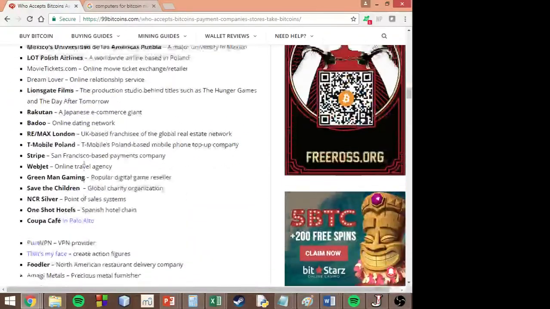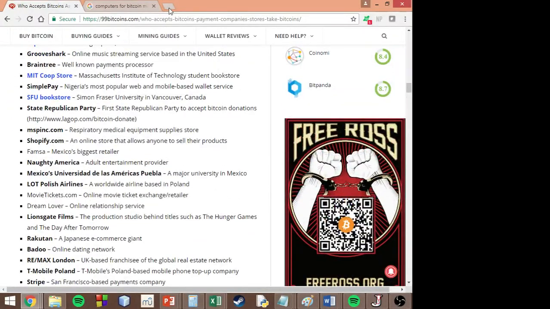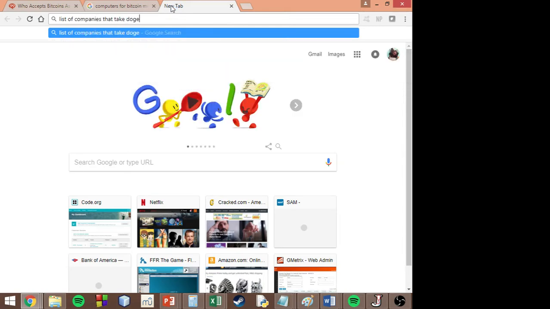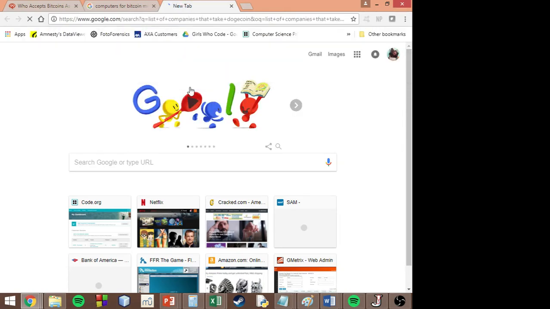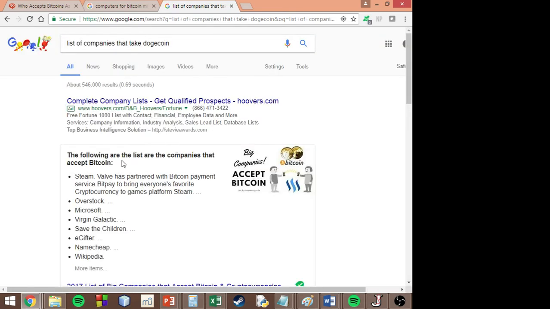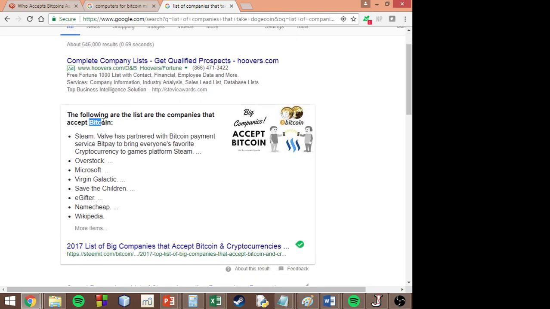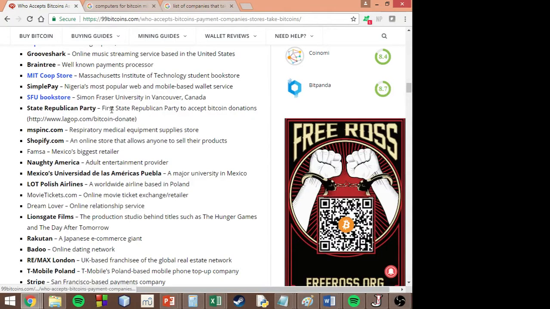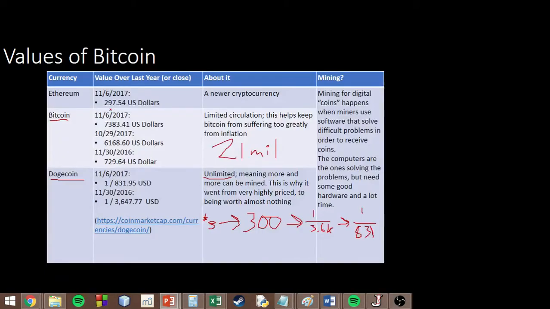However, the list of ones that accept Dogecoin is, well, yeah, it's not very high. So if your currency has no limit on it, has no real scarcity attached to it, no one's going to use it. That also helps drop the value big time.